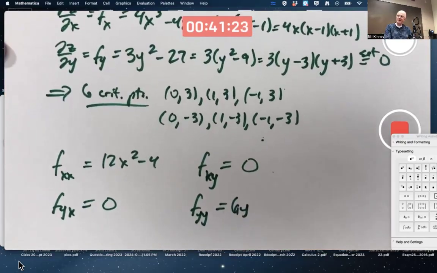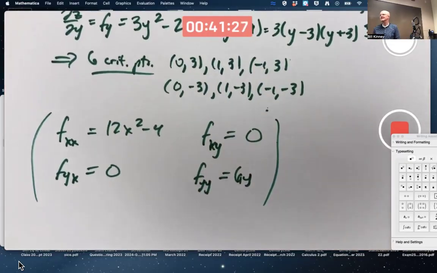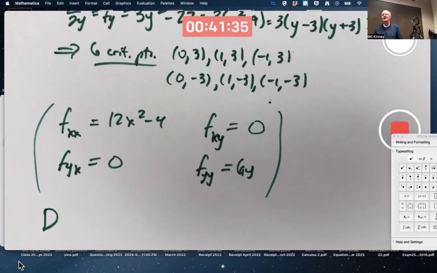You don't have to do this, but you can think of this as a matrix. And you can write down something called D, which is the determinant of this matrix. However, it's not typically called a determinant in this context. It's typically called a discriminant.